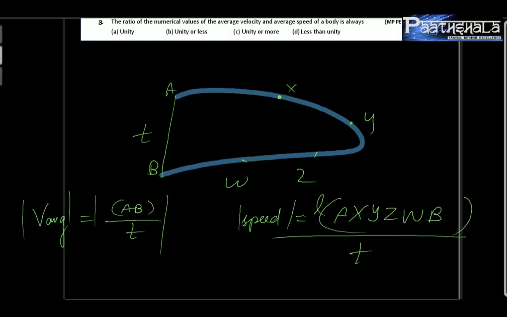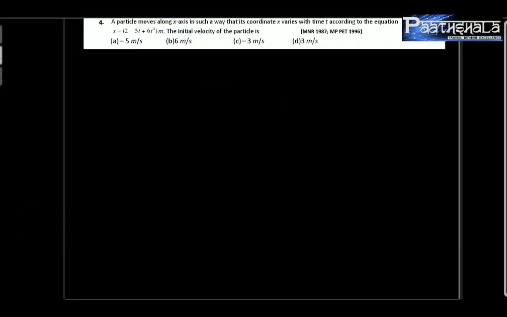Since distance is always greater than displacement, the ratio of numerical values of average velocity and average speed is going to be unity or less. They can be equal or less than 1. Perfect. Next question.